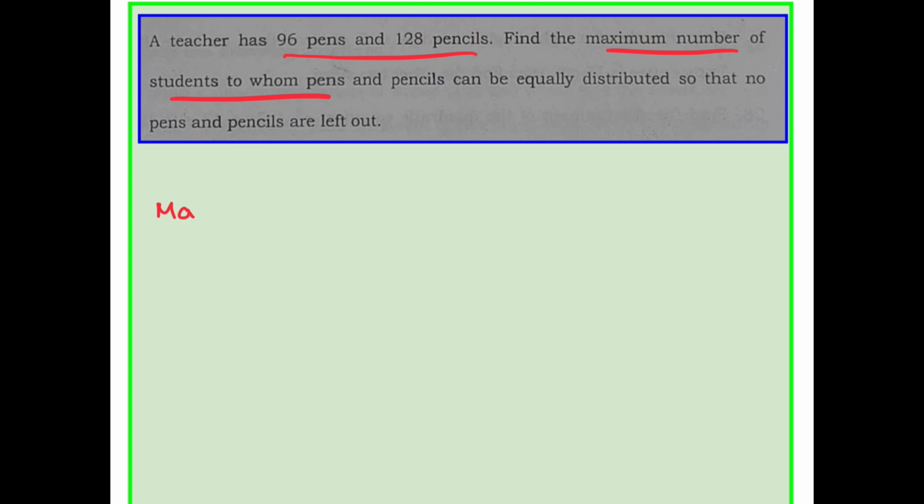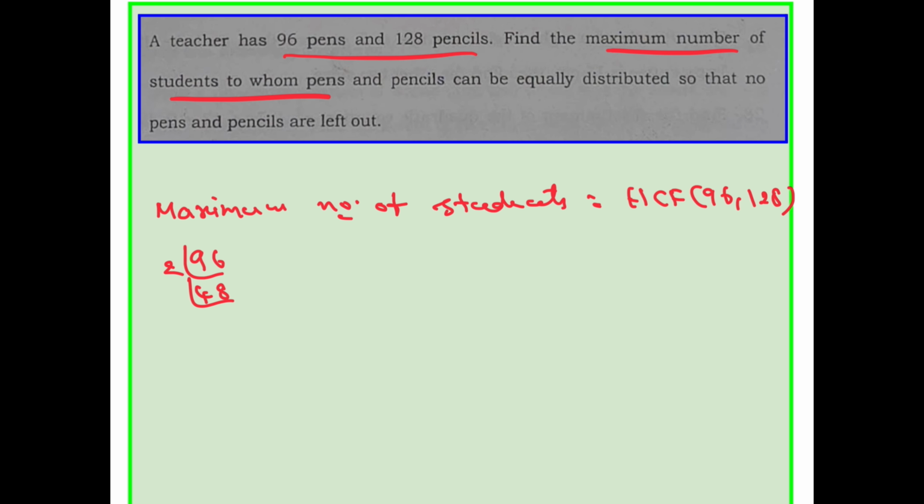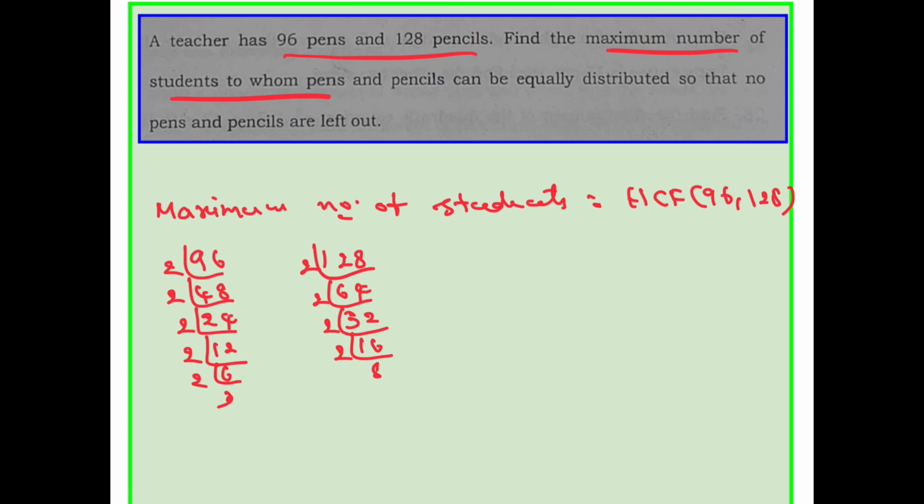Maximum number of students equals HCF of 96 and 128. 96 if we factorize: 2 48 times, 2 24 times, 2 12 times, 2 6 times, 2 3 times. 128: 2 64 times, 2 32 times, 2 16 times, 2 8 times, 2 4 times, 2 2 times.